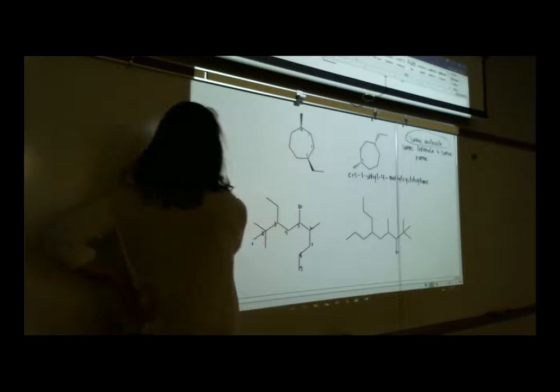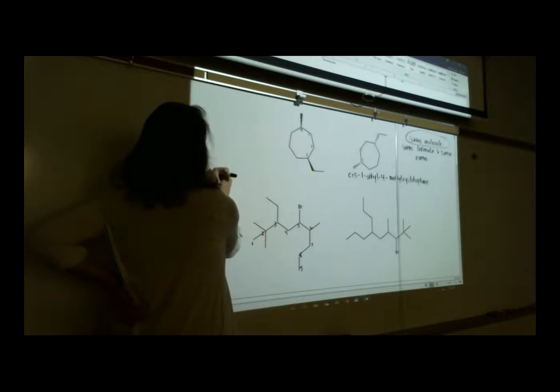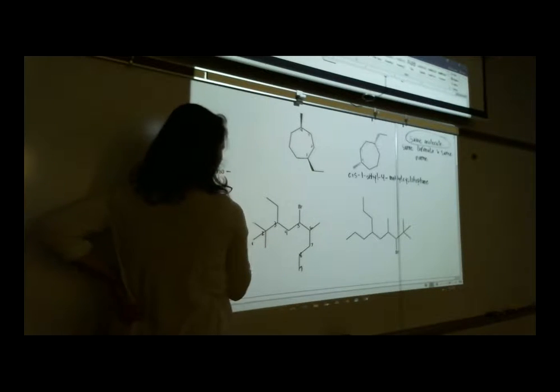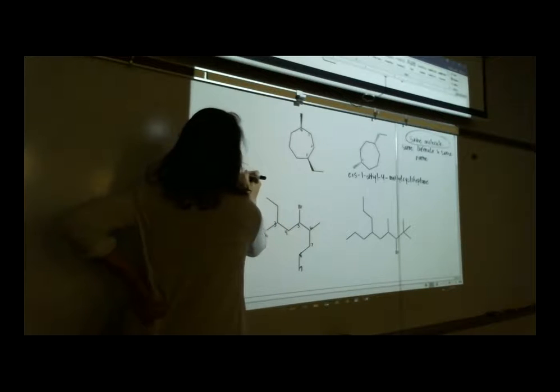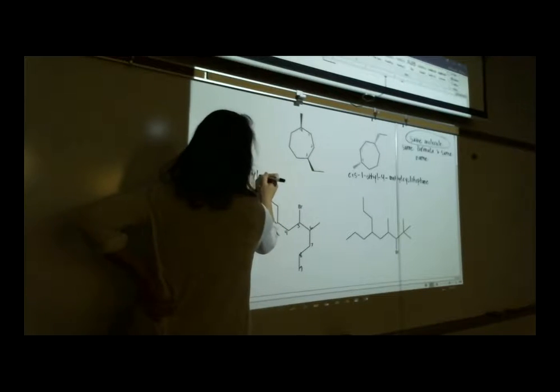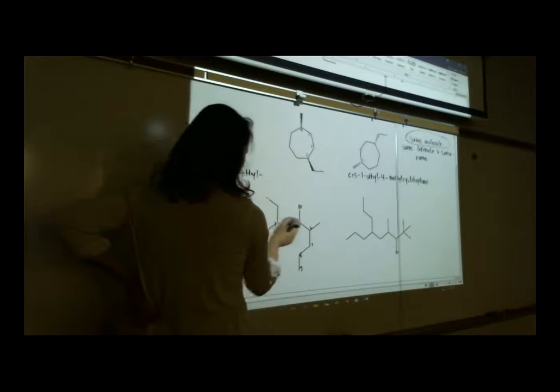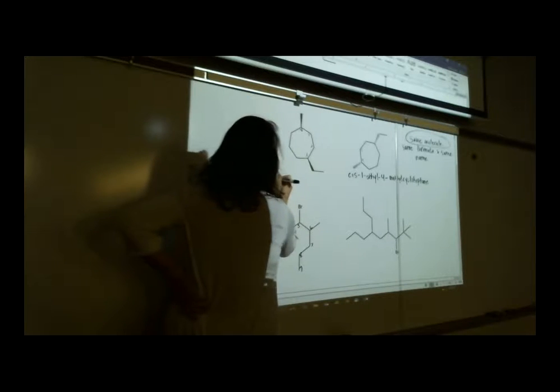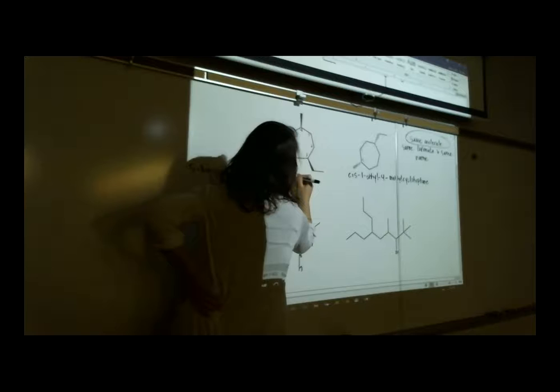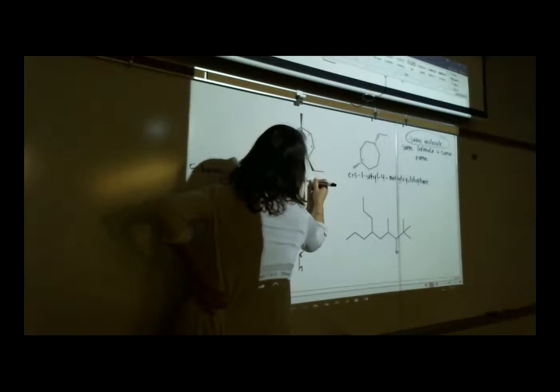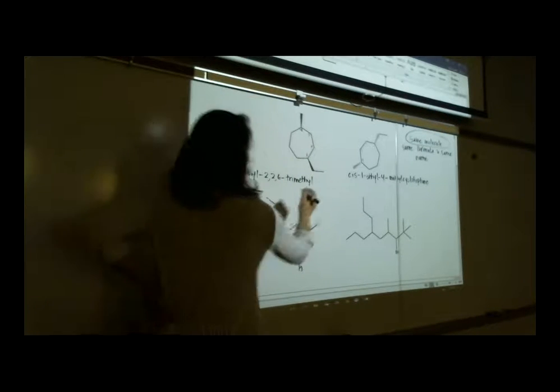So bromo comes first, right? 5-bromo, then what? 3-ethyl, then what? 2,2,6-trimethyl, and this is a 9 carbon chain, nonane.